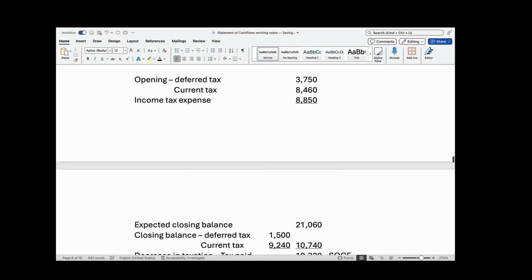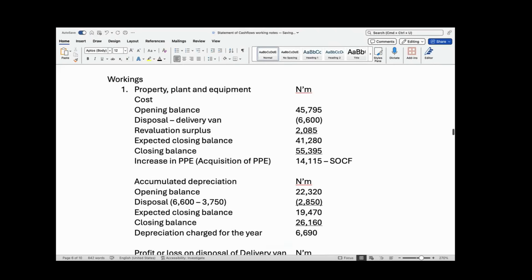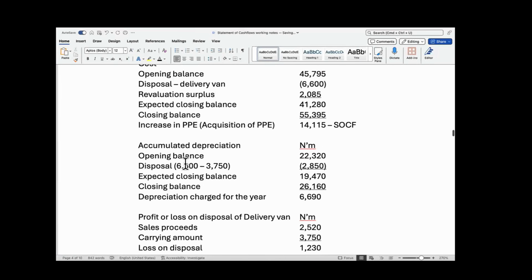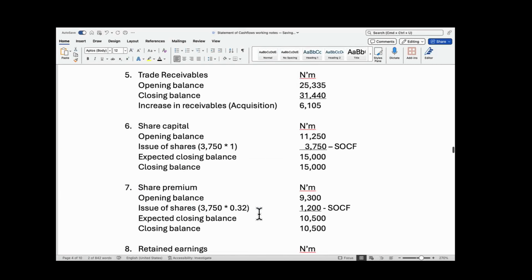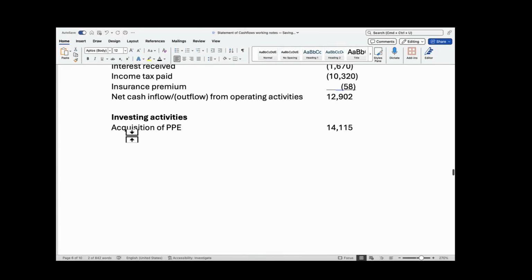Secondly, I look at my disposal. What I need there is the sales proceeds of delivery van of 2,520. Sales proceeds of delivery van is an inflow, 2,520.